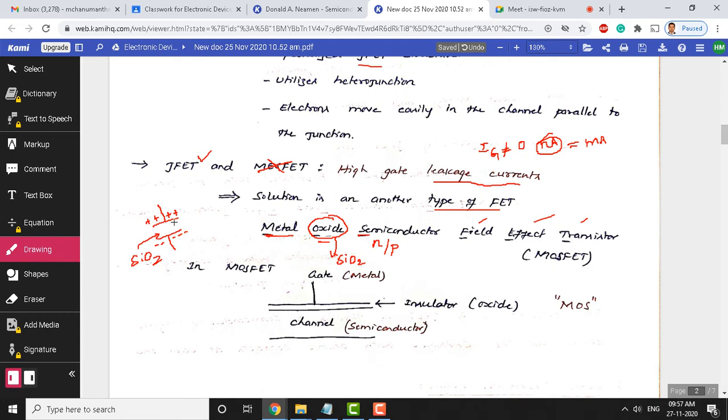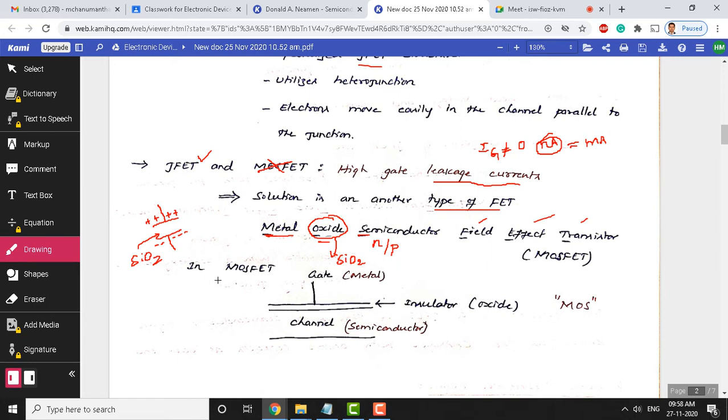We know that a capacitor is used as an energy storage element. As long as it is not leaky, the charges in the upper plate remain constant, and the negative plate also remains intact. The same logic is used here also. That is why in the JFET we do not have that kind of insulation, whereas silicon dioxide is a perfect insulator.